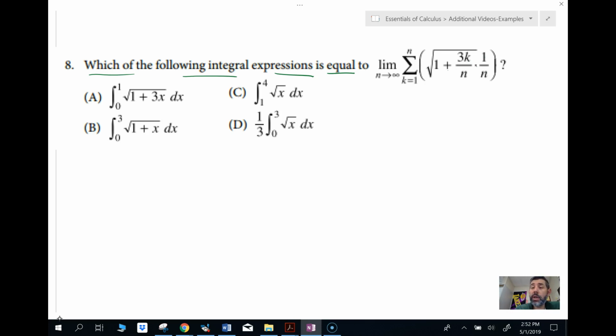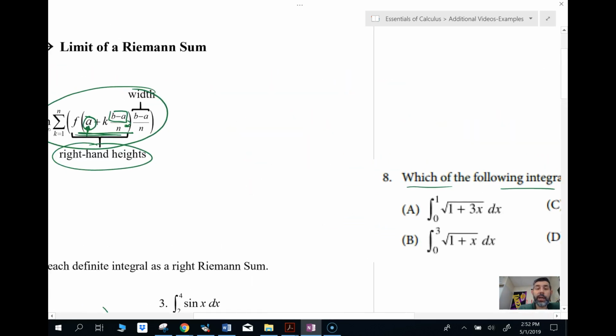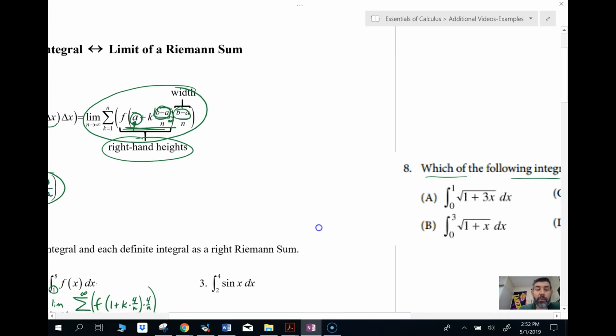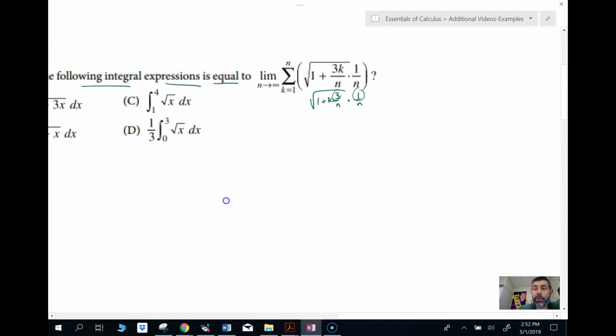I would say with this one, notice here that the 3 over n with this k is different than that 1 over n, right? Before, in the examples that I gave you, these were the same, right? So we got to be a little careful. We're really going to look at the one that's outside here. So the b minus a is really 1.